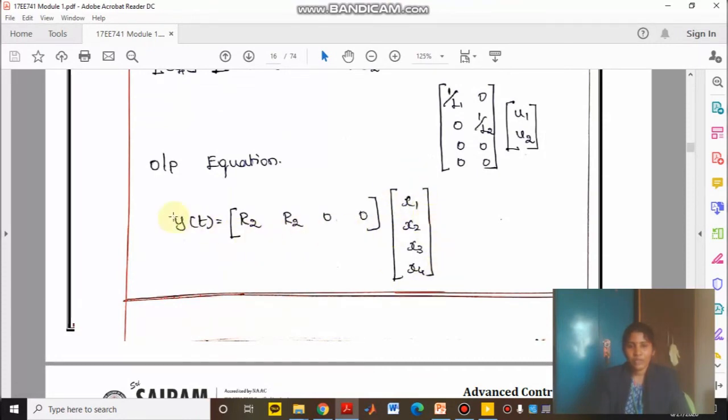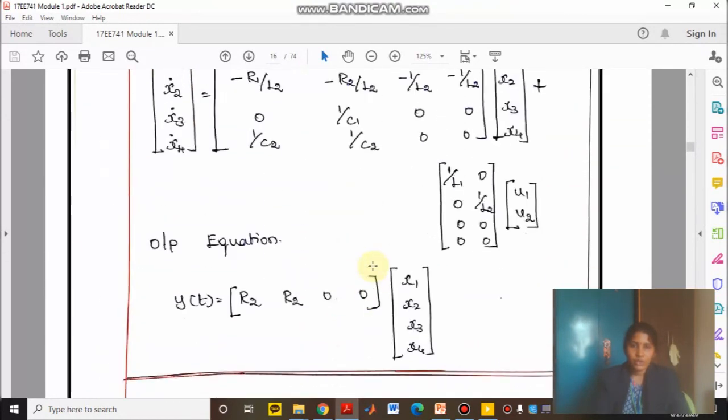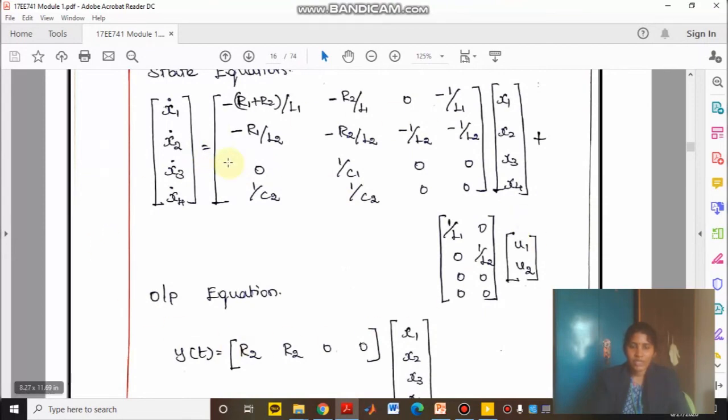You have to write it as a matrix like this. They have also told us to replace the resistance values with 1 ohm, the inductance values with 1 henry and the capacitance values with 1 farad. If you replace them, you will get your state equation and output equation matrices, and following this, you can draw the state model for the corresponding problem.